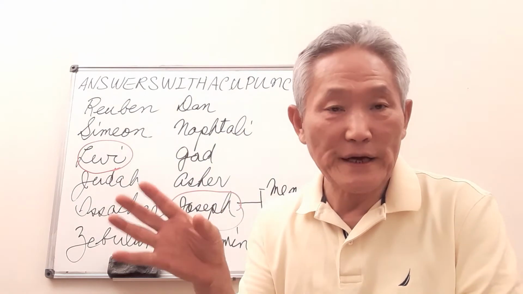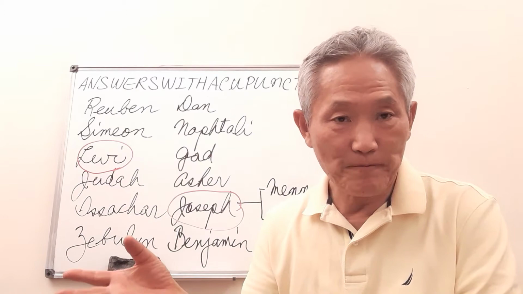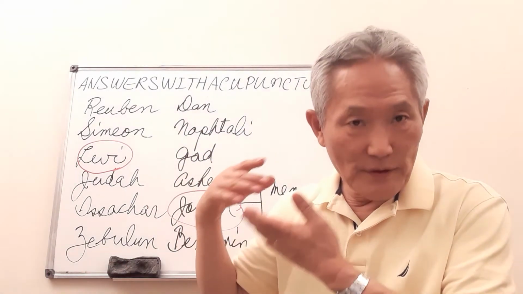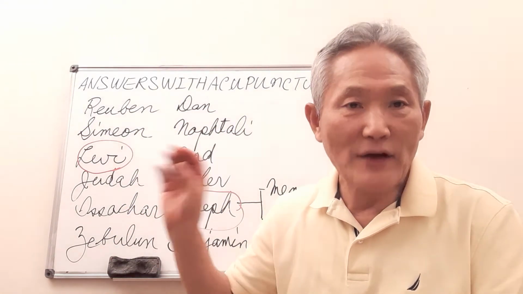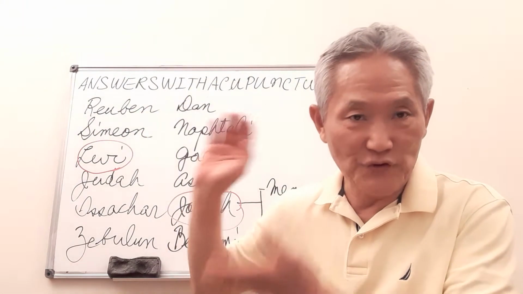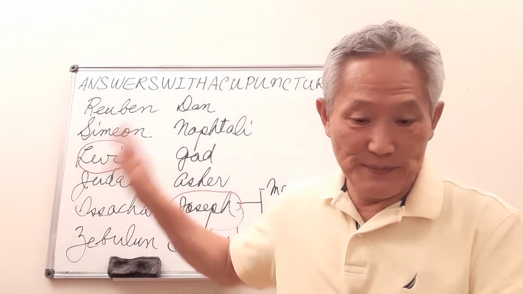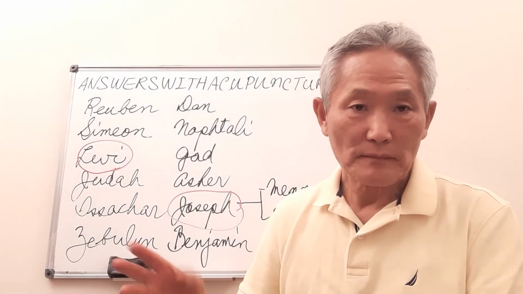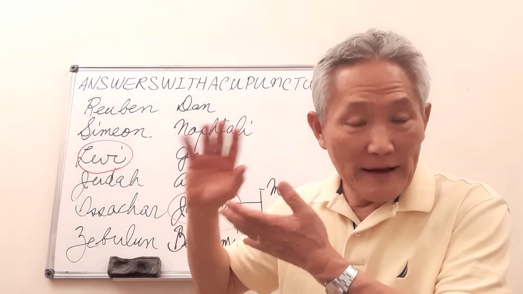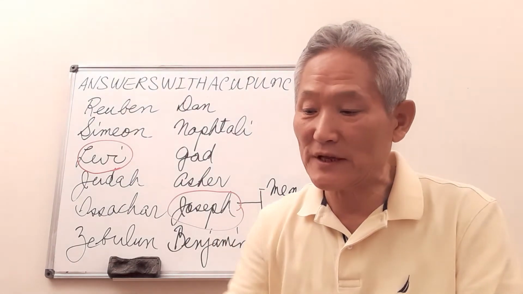In the beginning, we thought that was a kind of epic, but many contents were discovered to be actual history. Not all of them, but actual history. Now, what all this means is that 12 tribes or 13 tribes is actual history. Why do I believe that?